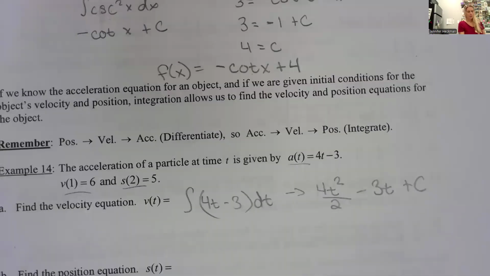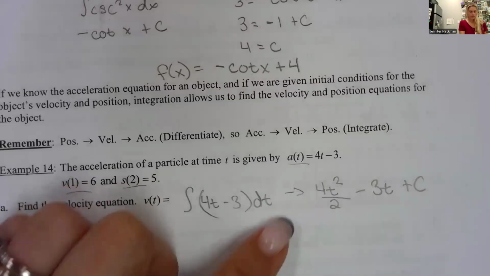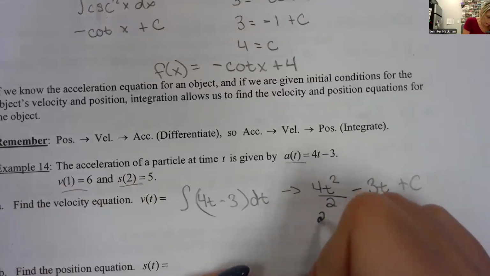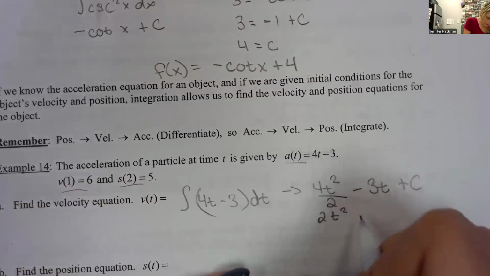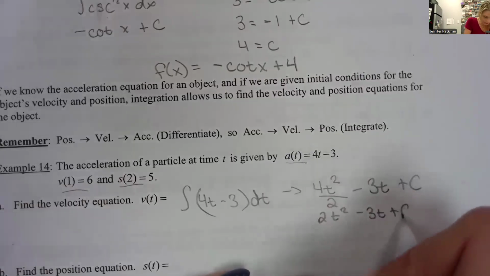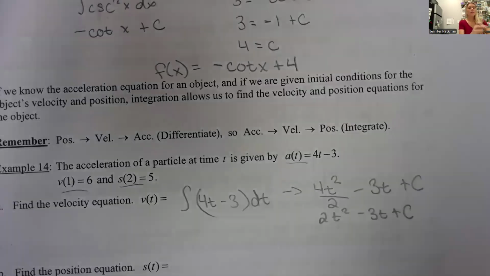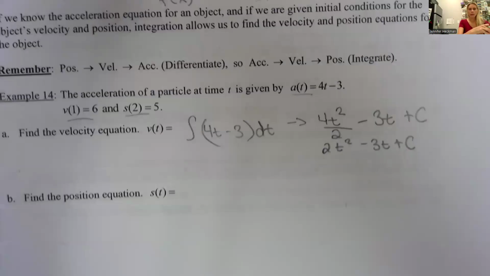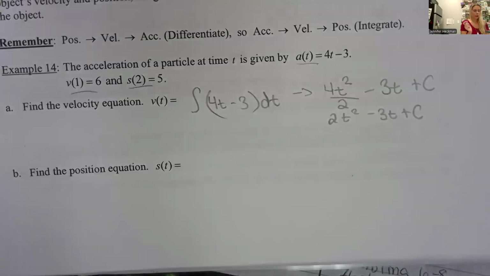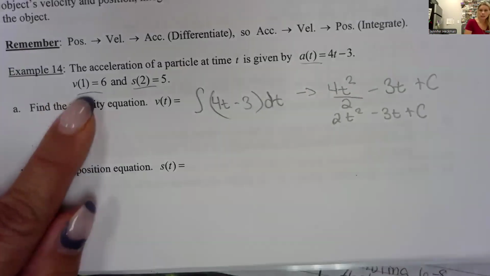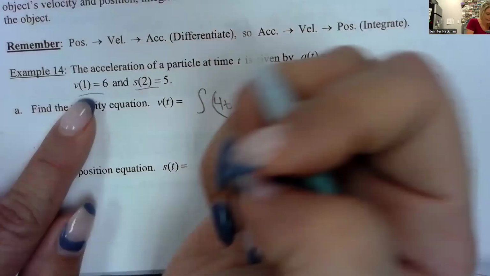Now, of course, you can reduce this to 2t squared minus 3t plus c. But since we're finding the velocity equation, we want the exact one, so we have to use the condition they gave us.